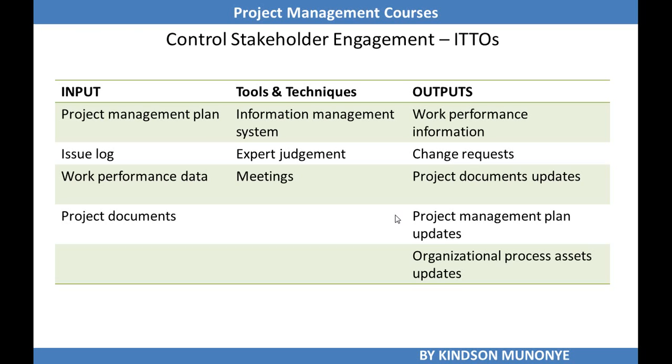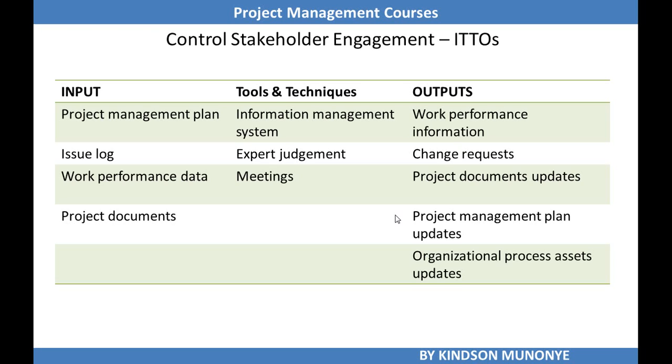Remember that from manage stakeholder engagement, the previous process we discussed, we have an output called the issue log. So the issue log from manage stakeholder engagement becomes an input to control stakeholder engagement, and of course we need work performance data and project documents.